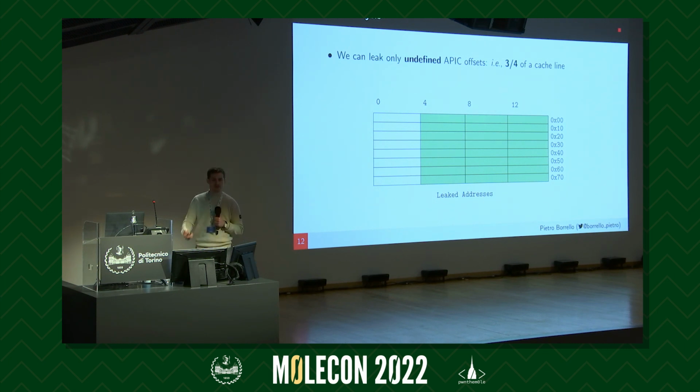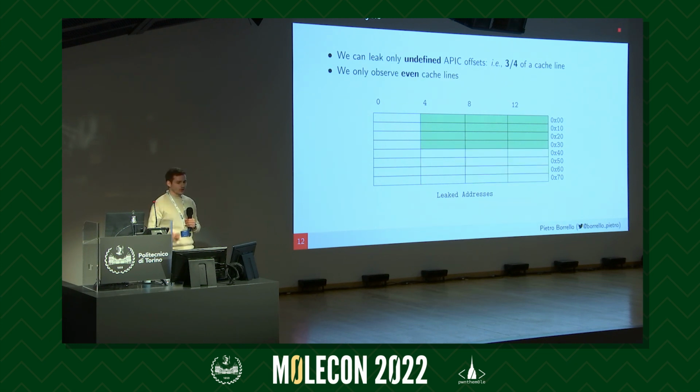So you cannot leak those bytes. And I have no idea why, but we only observe data that is in even cache lines. This is very strange. We don't have an answer to that. But the only data that we observe while dumping the APIC MMIO is only in even cache lines. But I will demonstrate that this is way enough to pwn a system.